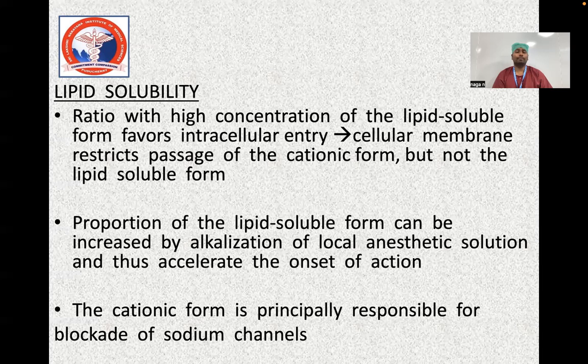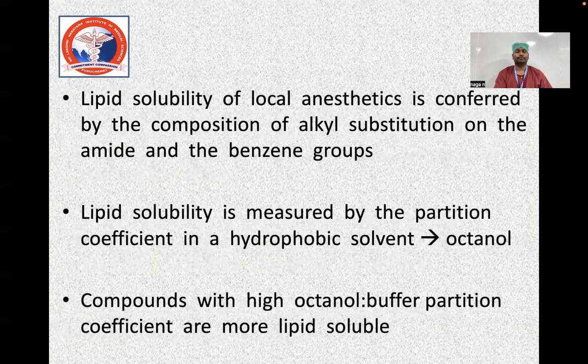The proportion of the lipid-soluble form can be increased by alkalinization of the local anesthetic solution, and thus accelerates the onset of action. The cationic form is principally responsible for blockade of sodium channels.